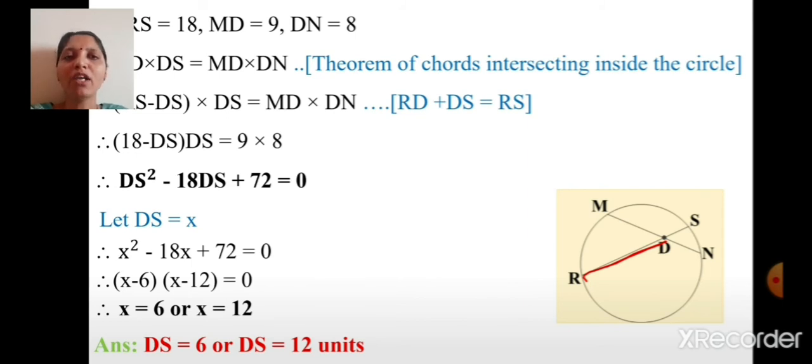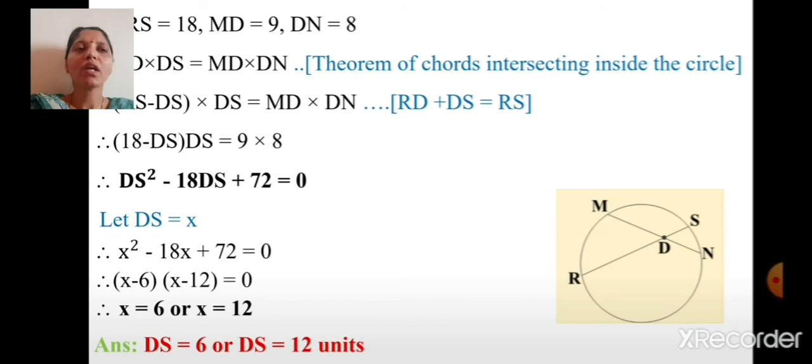So the value of X will be X is equal to 6 and X is equal to 12. Okay, you all have seen how to solve such kind of equations. Factors you have to find out, and accordingly you will find the value of X. Two values for DS you will get. One value is 6 and the other value is 12 units.